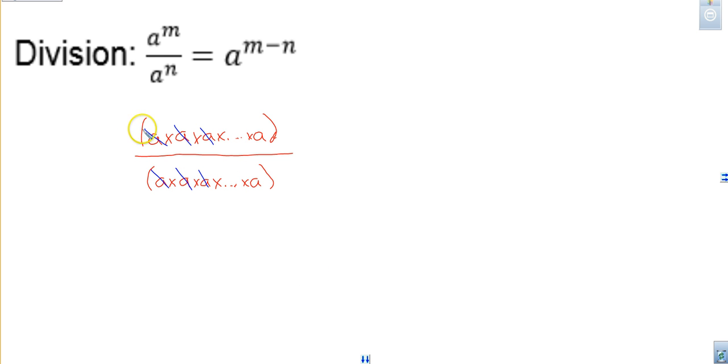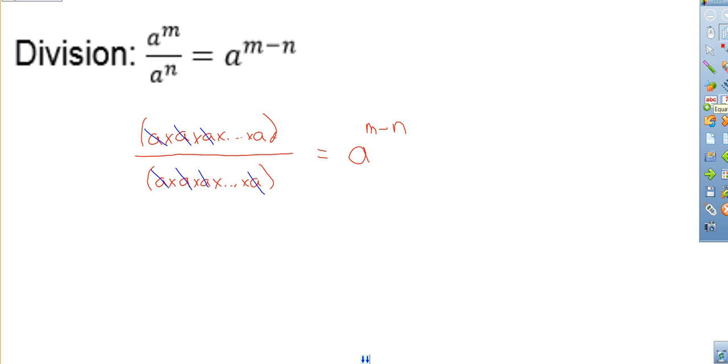And assuming that we have more a's in the numerator, all of the a's in the denominator will cancel out, and we're just left with a smaller number of them in the numerator. And basically what that will be is the difference between m and n. That's how many will be left, because when we pair them up, they cancel out. So the difference of those exponents is how many a's are left multiplying.